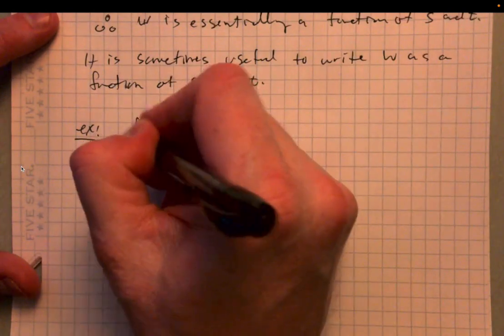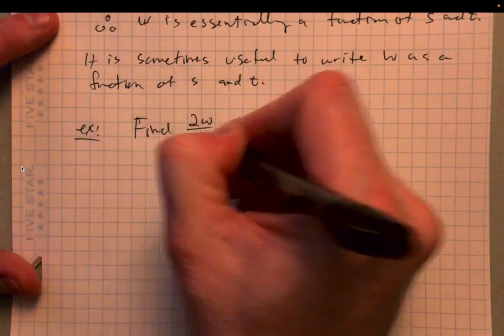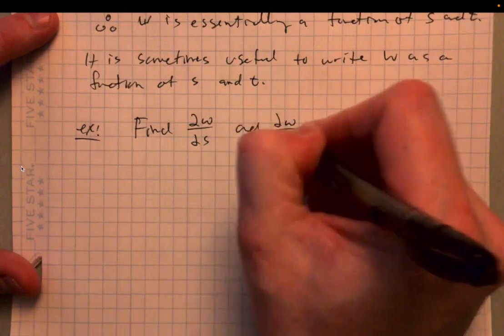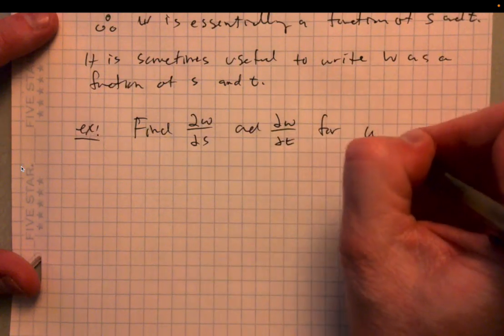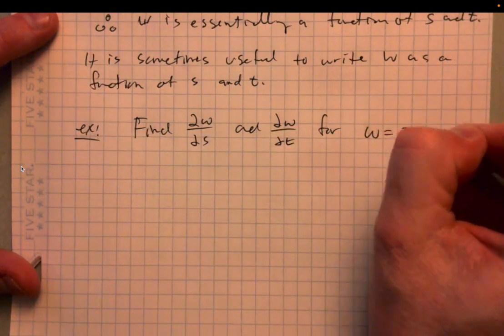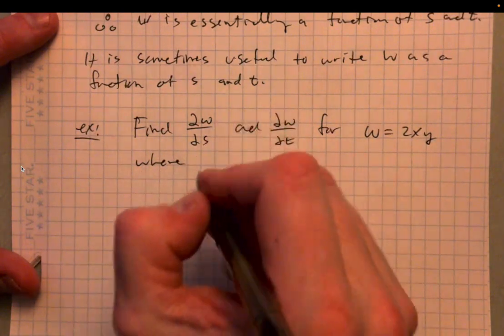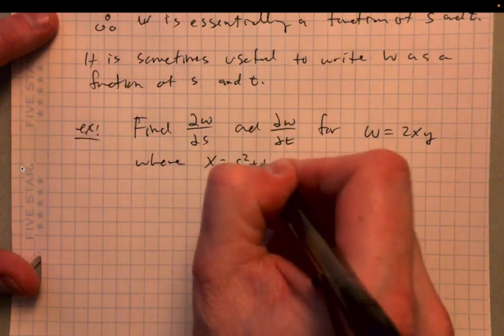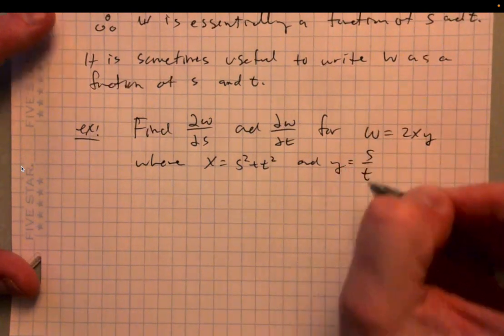Let's find the partial of w with respect to s and the partial of w with respect to t for the equation w equals, let's just make it 2xy, where x is equal to s squared plus t squared, and y equals s over t.